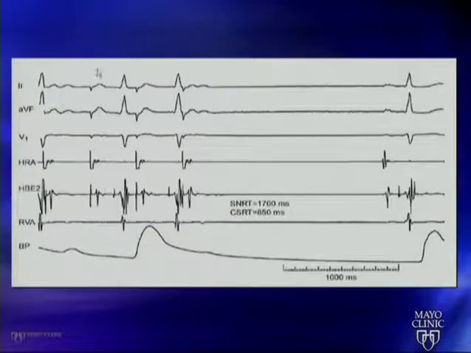But the second issue that's happening here is you are pacing the atrium, and then you quit pacing the atrium, and it took a long time for that sinus node to wake up and then start beating on its own. So here, this patient not only has some issue with the AV node, but the sinus node is also not normal.